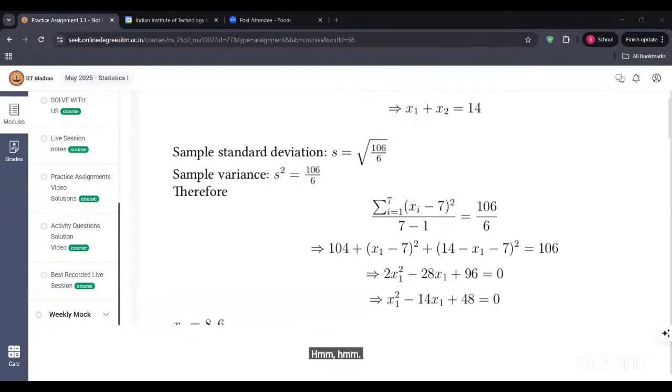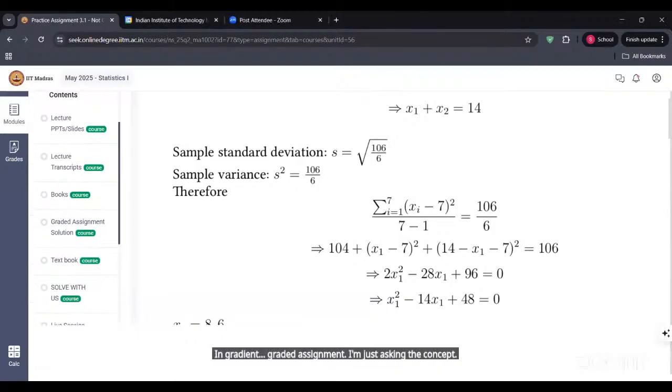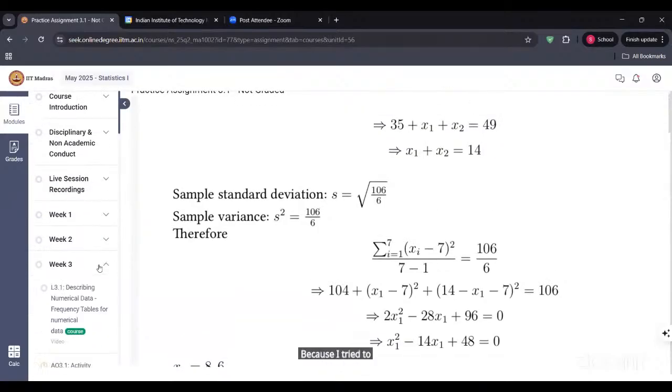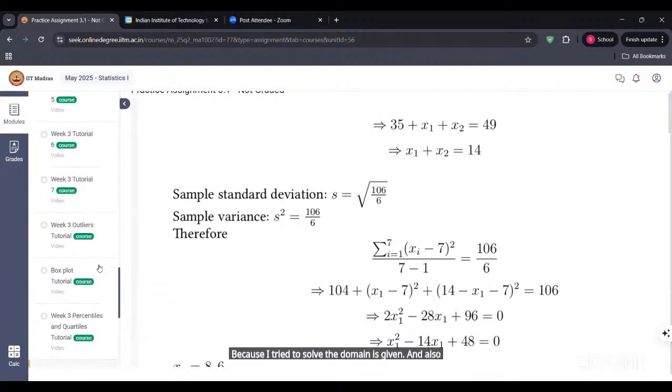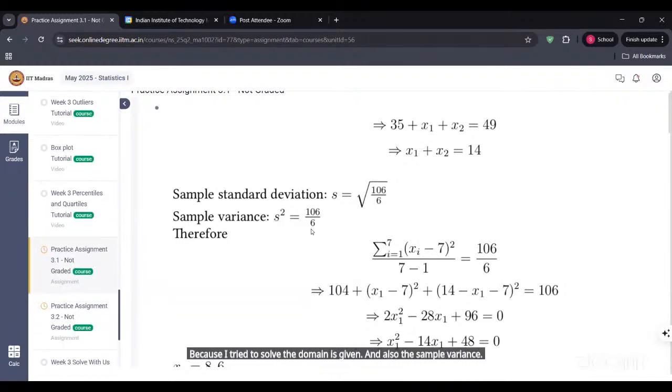I'm just asking about the concept. The mean is given, the sample standard deviation is given, and also the number of observations. But the data in one observation is incorrect. So after correcting the observation, how can we calculate the correct sample variance?